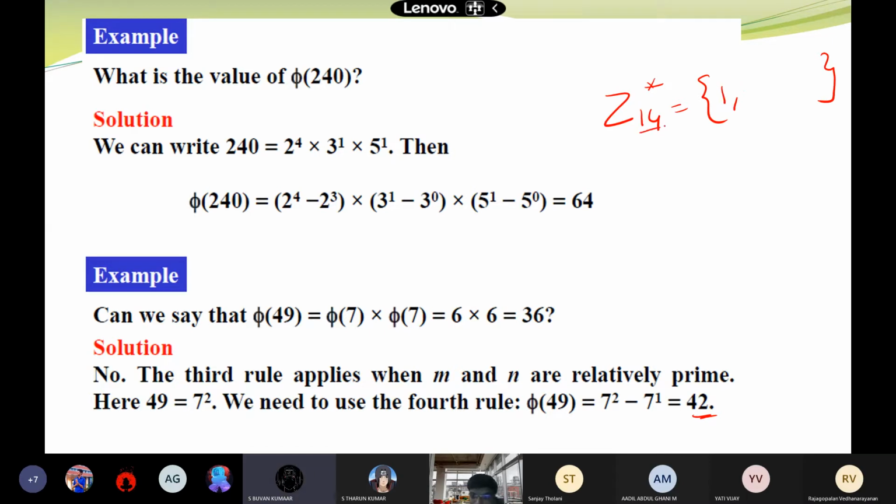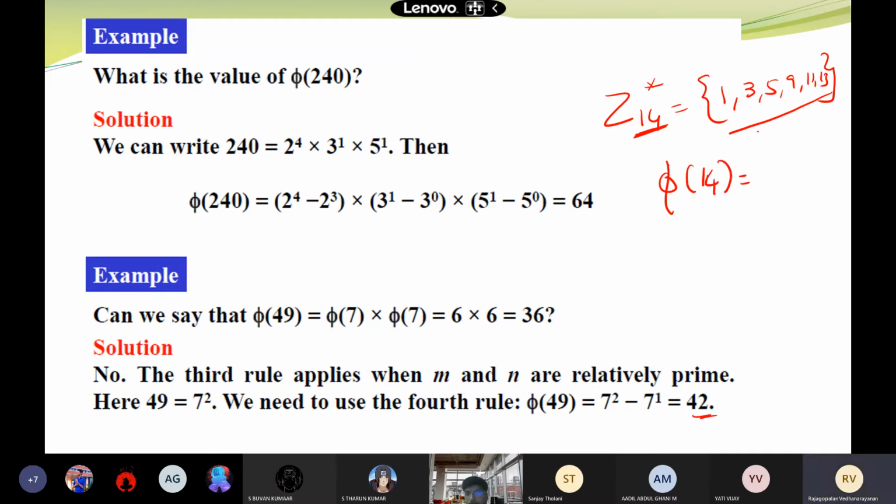Now you have to look at whether 14 is a prime number or not. If I bring in 2 here, the GCD of 2 and 14 is not 1, since 2 can divide 14, so that will not come. The elements are 1, 3, 5, 9, 11 and 13. How many elements are there? Totally 6. Can you now use Euler's function and go on to prove it? Yes, sir.